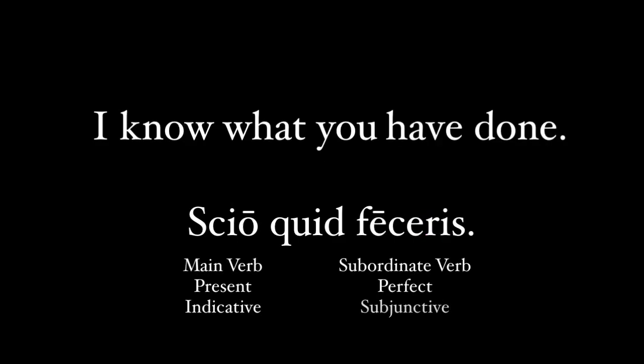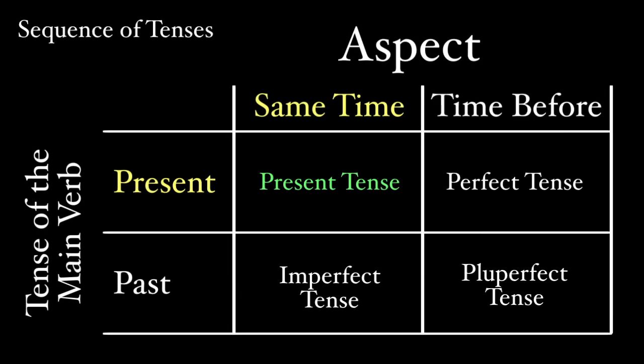If we changed our doing to have done, we would change facias from the present subjunctive to the perfect, feceris. I know what you have done. And now the have done happened before the knowing. This last bit is tough, but it's part of a larger discussion on sequence of tenses in the Latin subjunctive. Namely that the present subjunctive shows actions happening at the same time as the main verb.